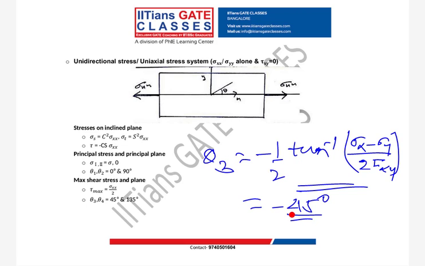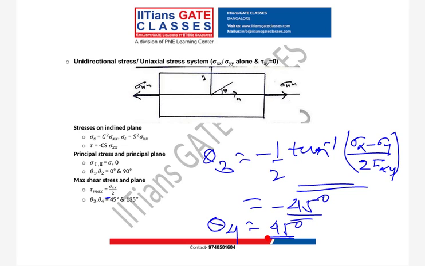Okay. So what we see here, always remember, the best thing is to find the theta. Here theta is coming as minus 45. So theta 4 will be 45. What is the meaning of that? That we have to understand. Here, look here, guys. Everyone clear?